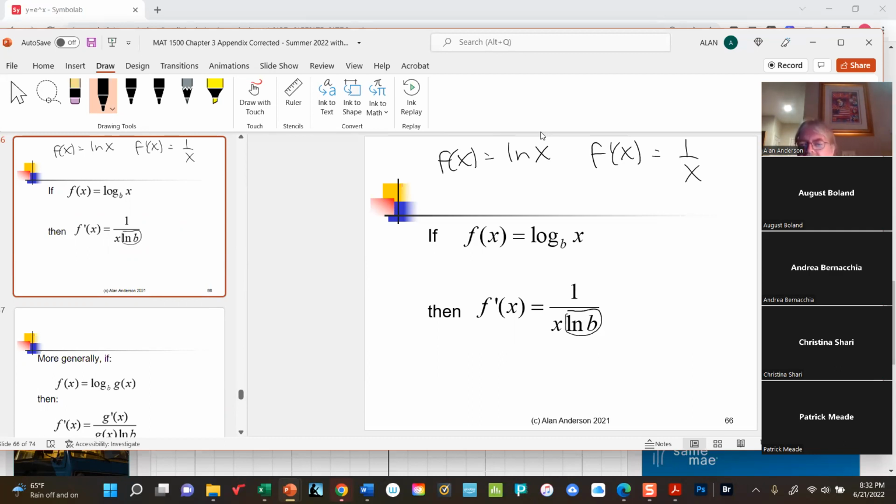So this is the adjustment we have to make when we're using a base other than natural log. In other words, if b was equal to e, then we would just end up with 1 over x, and we don't have to worry about this, especially because the natural log of e is just 1 anyway.